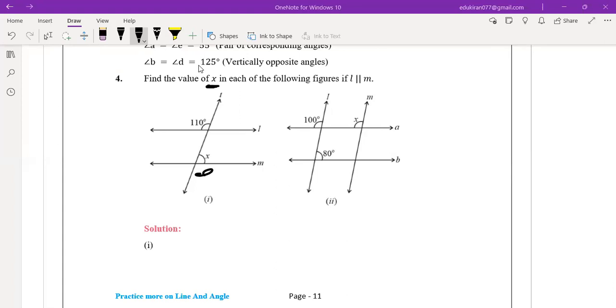No, ma'am, Vega is done. Okay, so tell me X. Ma'am, 110. That will be the X. Ma'am, it's 110. I got something else. Give me 1 minute.